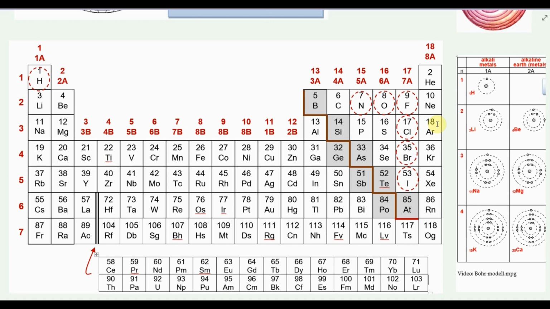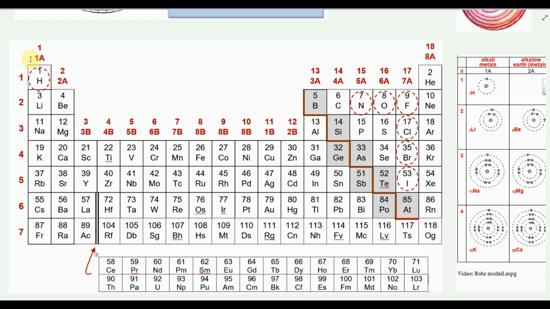Argon has 18 protons. In the fourth row of the periodic table we have elements number 19, potassium and calcium. Then we have 10 of what are called transition metals. These are identified as being B group elements as opposed to the A group elements.